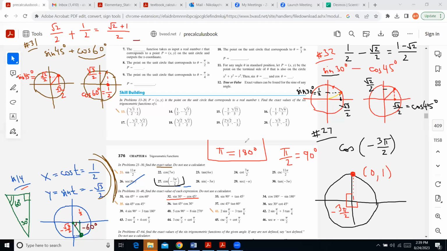So the x coordinate is the cosine of this angle, and the y coordinate will be the sine of this angle, sine of that negative 3 pi over 2. So making the picture, I guess, is very good for the intuition into what happens.